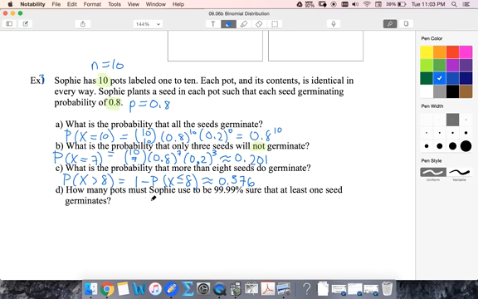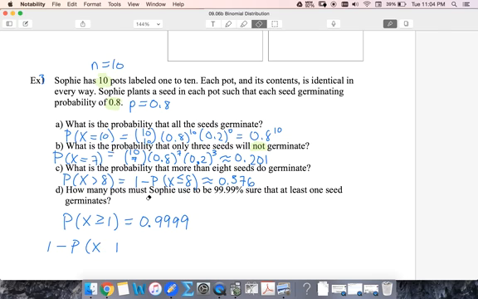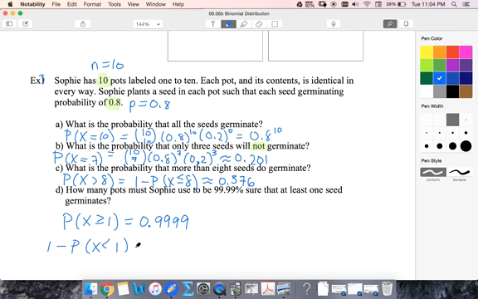All right. How many pots does Sophie need to use to be 99.99 sure that at least 1 seed germinates? So how many pots? Now we're saying we don't know what our n value is. So we want the probability that x is greater than or equal to 1 is 0.9999. That means 1 minus the probability that x is less than 1 is equal to 0.9999.